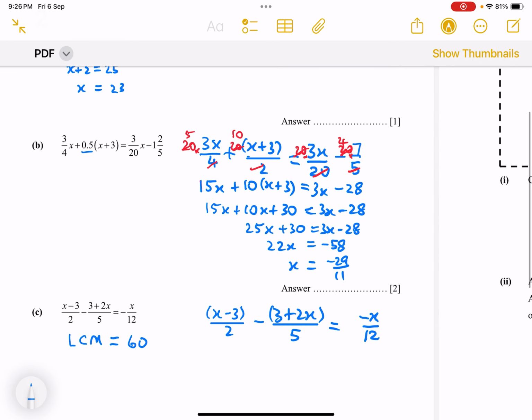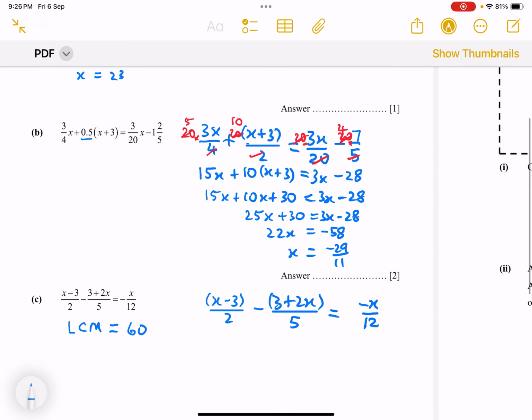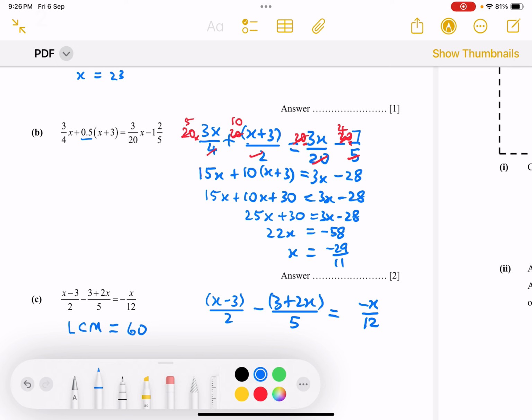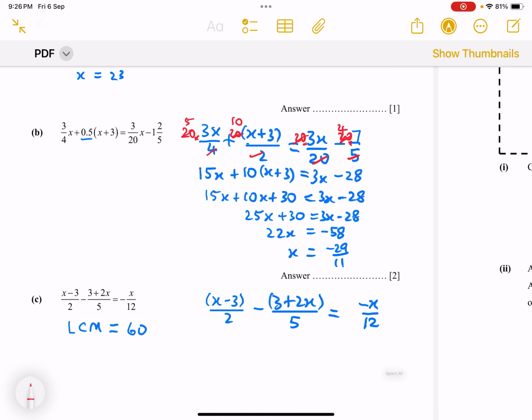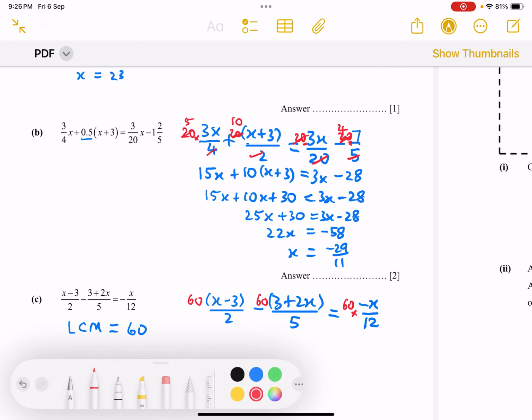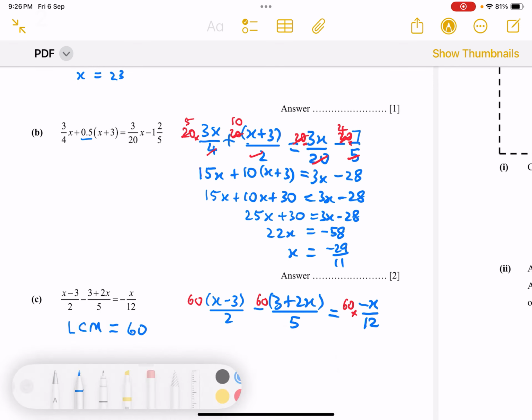Well, we have a similar sum here. So once again, we multiply throughout by the LCM. In this case here, the LCM is 60. So we multiply by 60, 60, and 60. So we multiply in order to cancel the denominator, right?